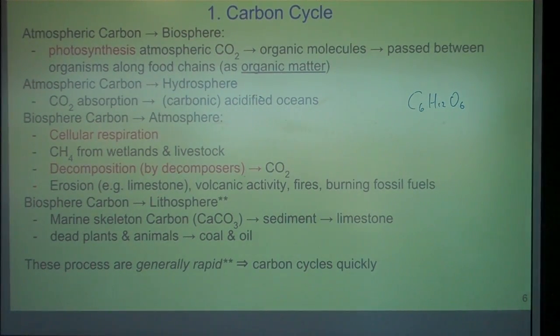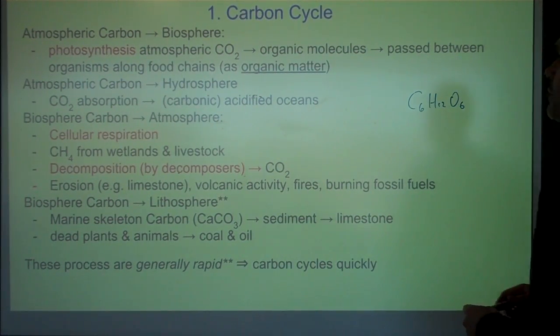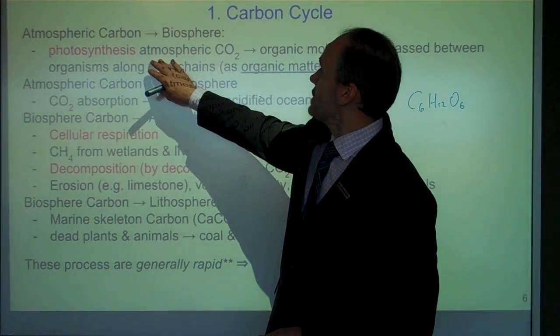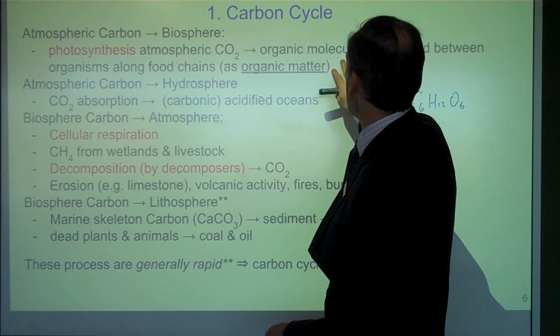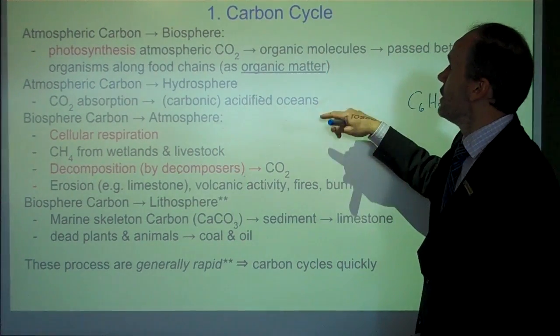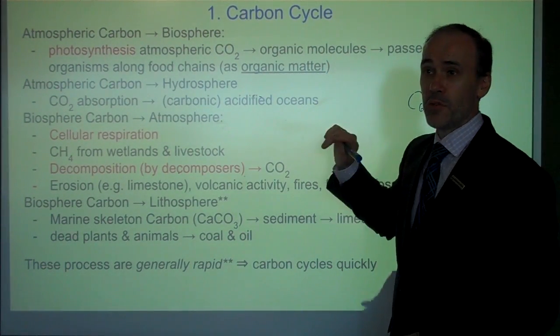There is more information about how this carbon comes out. If it's atmospheric carbon, photosynthesis turns atmospheric carbon dioxide into organic molecules, which get passed along through the food chain.